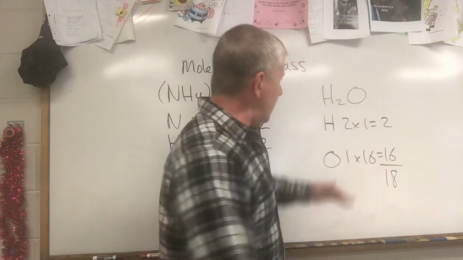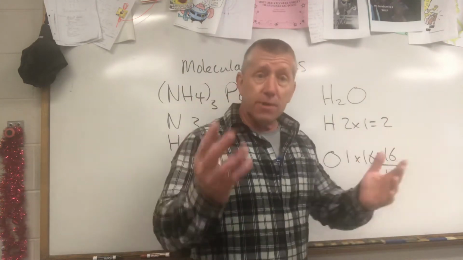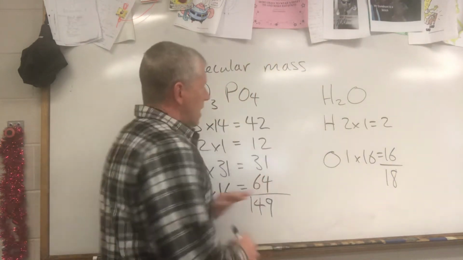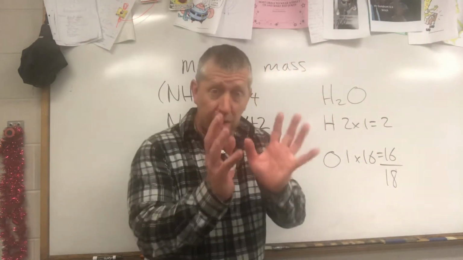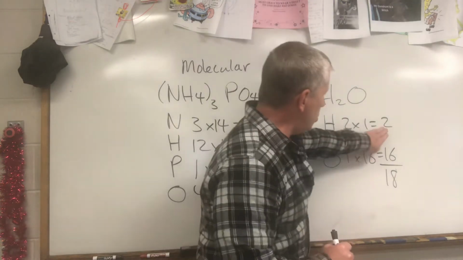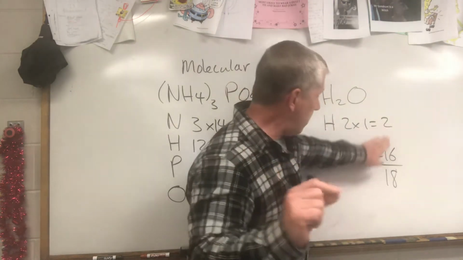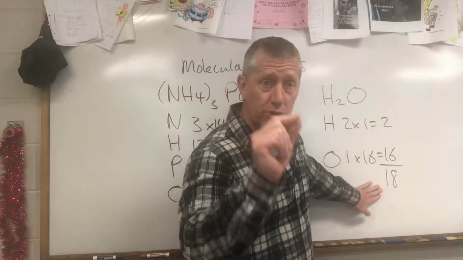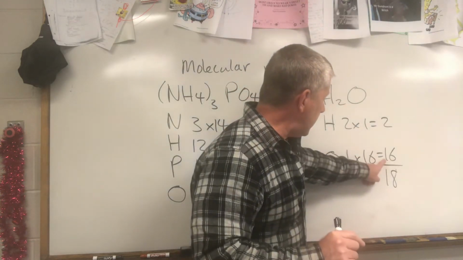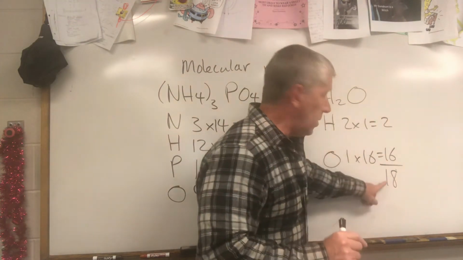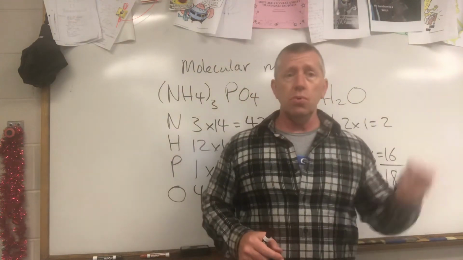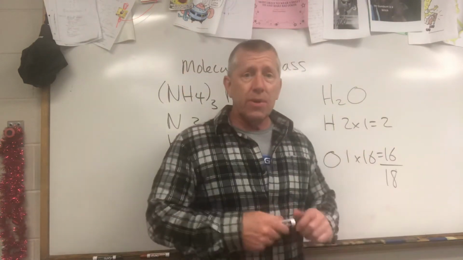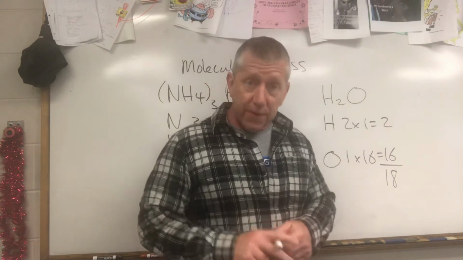With this set up and organized, percent composition is easy, because I can see that 2 for hydrogen out of the total of 18 is the mass due to the hydrogen, and 16 for the oxygen out of a total of 18 is the mass due to the oxygen. This makes it super easy to figure out the percent.